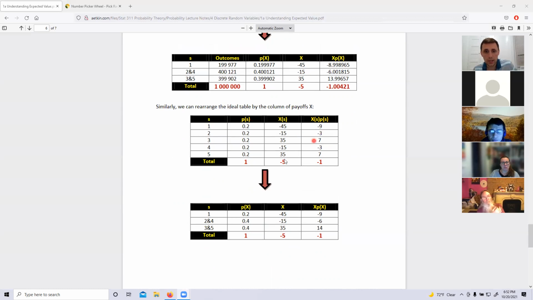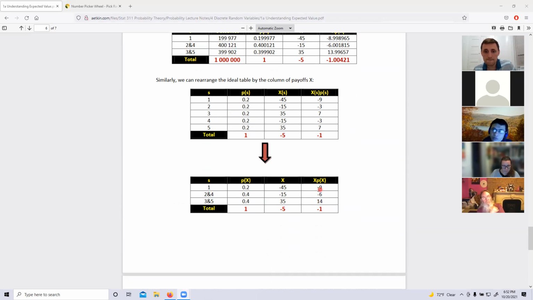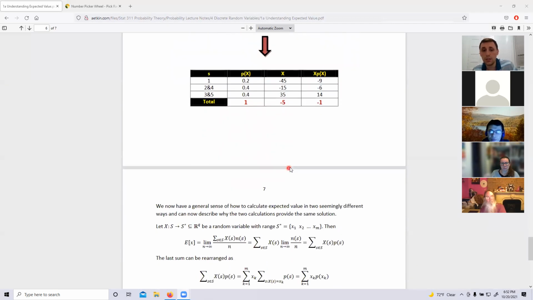And I can do the ideal table, and I can do the same sorting again. Yes. And this is the table I get. Right? I get probability 0.2, 0.4, 0.4, and I get this number times 0.2 plus this number times 0.4 plus this number times 0.4. Okay, I do the same exact addition, but I do that through a different sorting of the table. That's the important part to get.